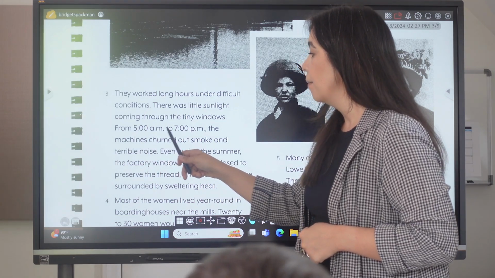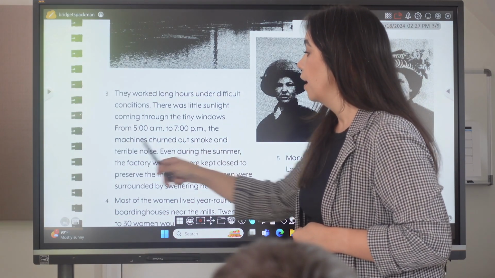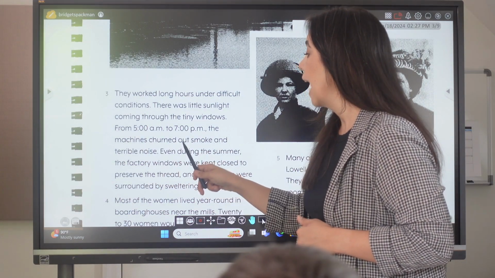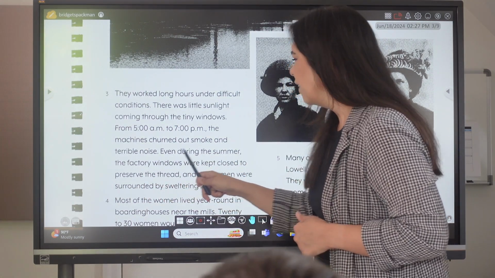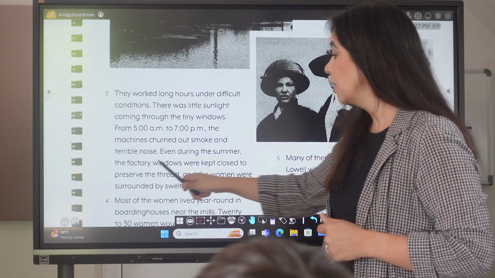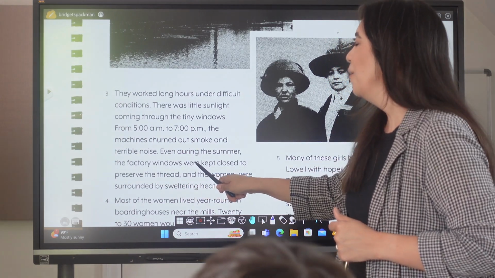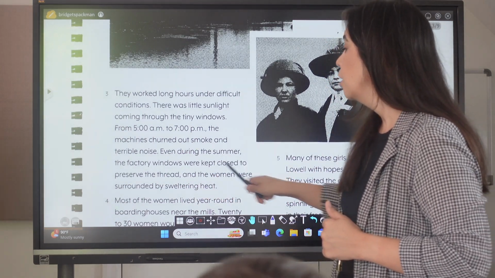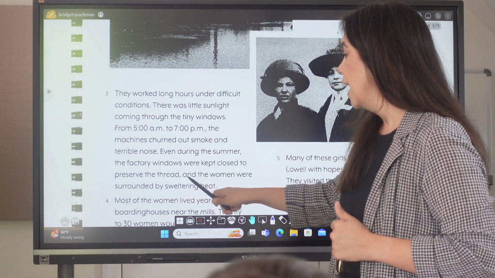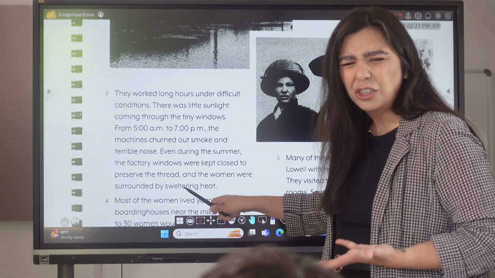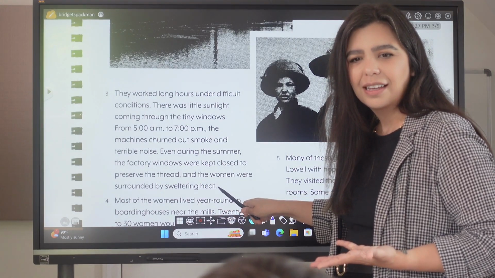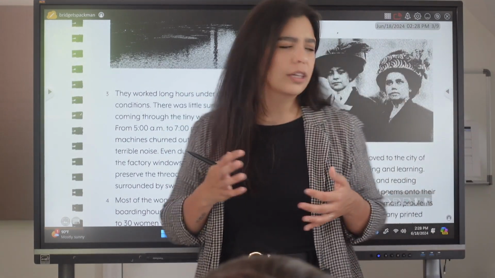From 5 a.m. to 7 p.m., the machines churned out smoke and terrible noise. Even during the summer, the factory windows were kept closed to preserve the thread, and the women were surrounded by sweltering heat. What do you think that word sweltering means?